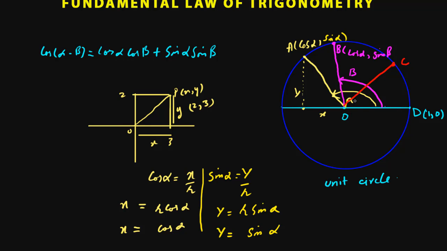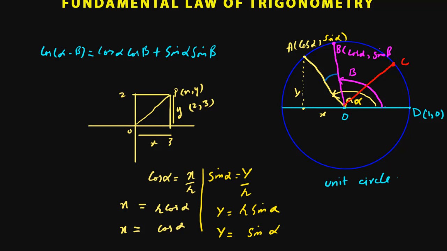Now we have alpha here and beta here. Alpha is coming towards A, and beta here. What should be the angle in between alpha and beta? For example, I'm going to write it here.